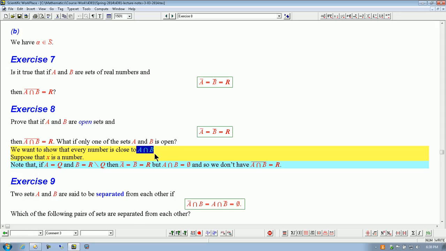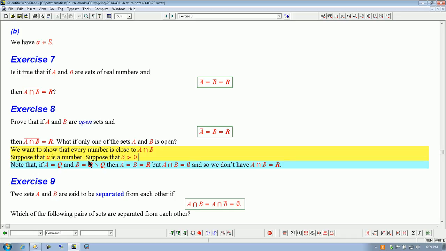Here, will be that. Okay? So how do you prove that something happens for every positive number delta? To prove that something happens for every positive number delta, suppose that delta is a positive number.